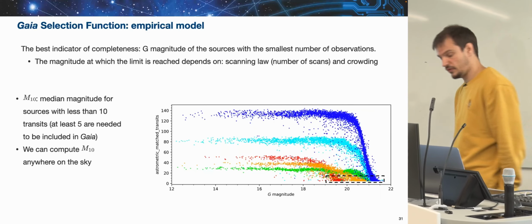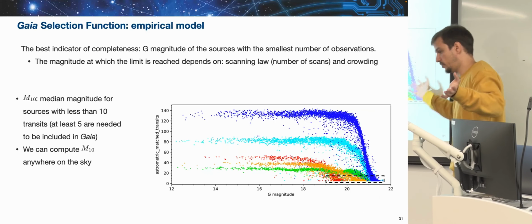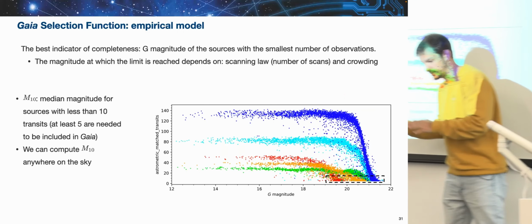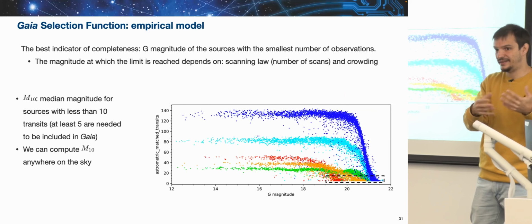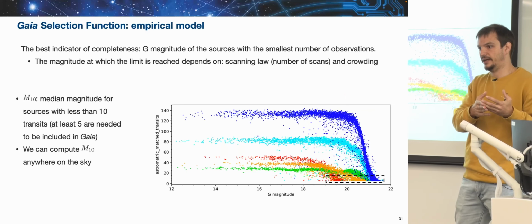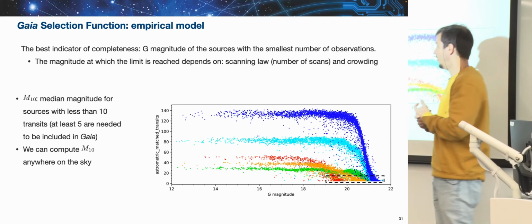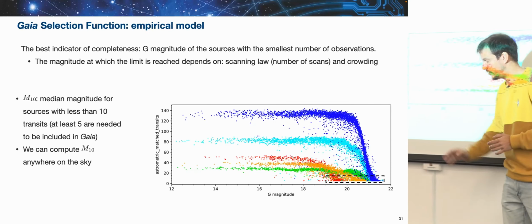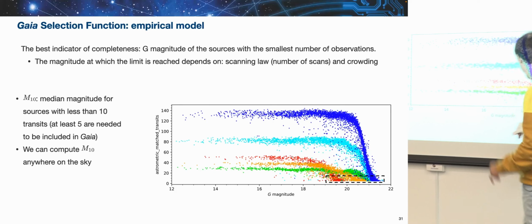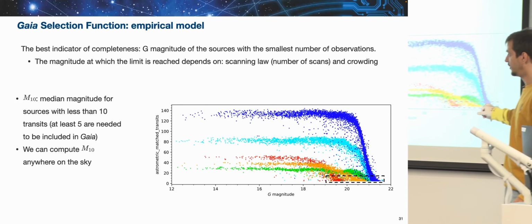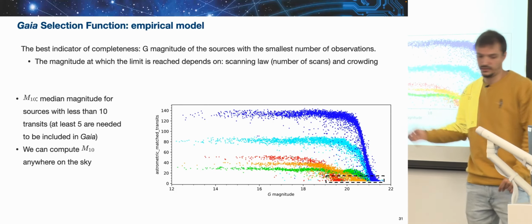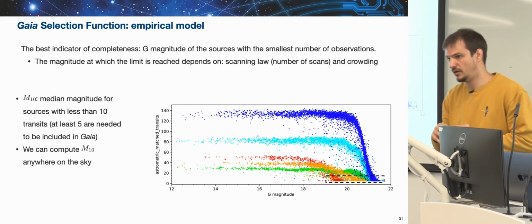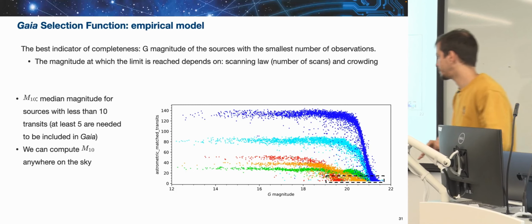The thing is that for DECaPS, we don't have a homogeneous survey in the whole sky. So we want to characterize this based on data that we can get from Gaia only. And this is this parameter here that after some trial and error, we found: the magnitude of the sources with less than 10 observations. So Gaia, to include a source into the catalog, we need at least 5 observations.